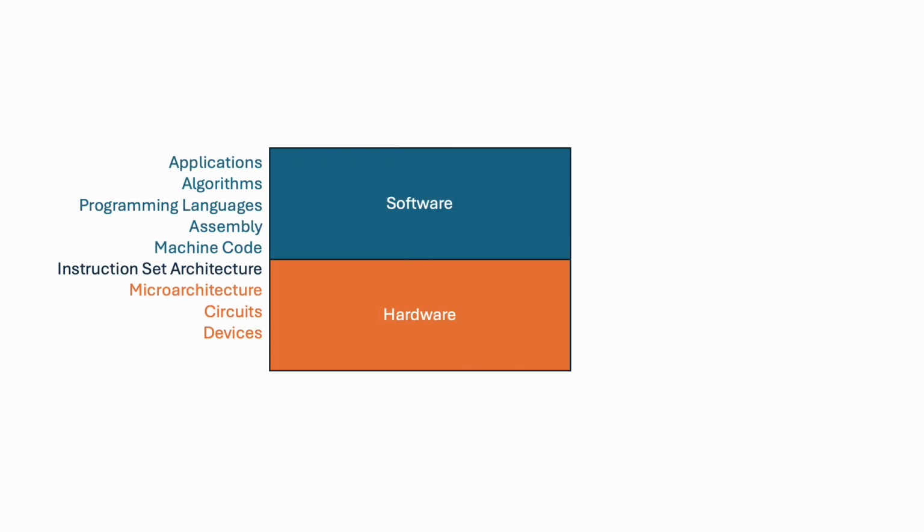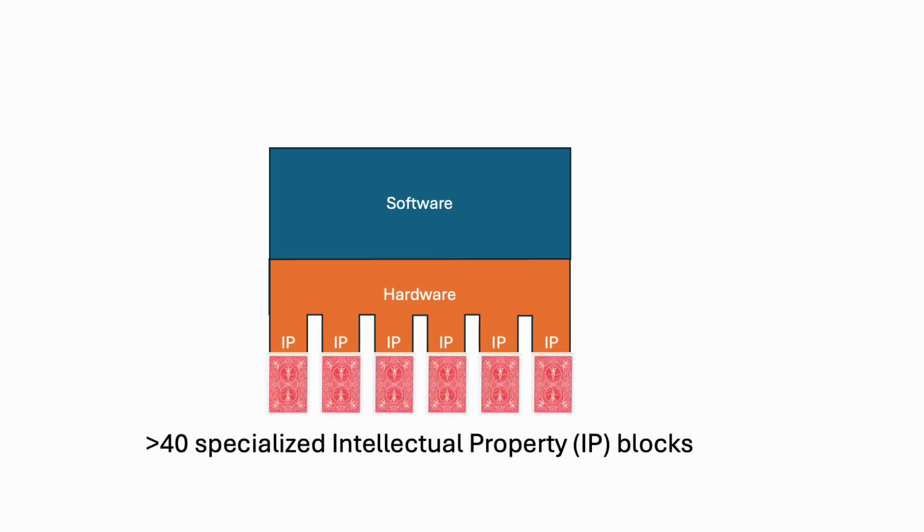So you can see that this makes hardware pretty finicky and very important because it's easy to screw up, and it's supporting the entire software stack above it. And this problem of it being difficult to verify hardware designs is something that's only getting worse because hardware designs are becoming more and more reliant on these IP blocks, which are bits of HDL that do a very specific task really well.